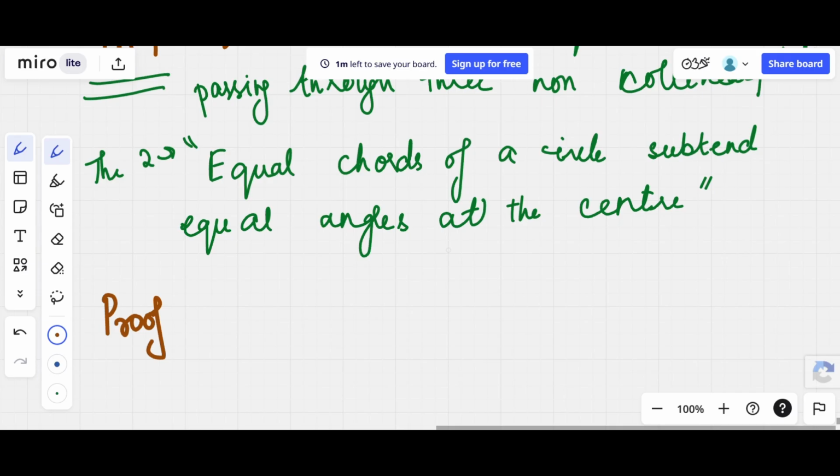We will include everything. Slowly, slowly. Ma'am, what does subtend mean again? Making or get. It makes an angle of this much.